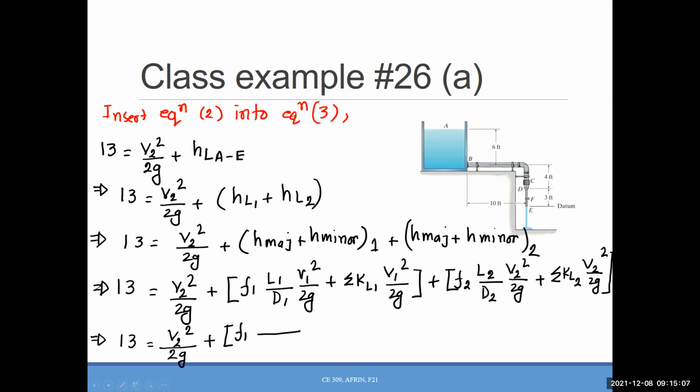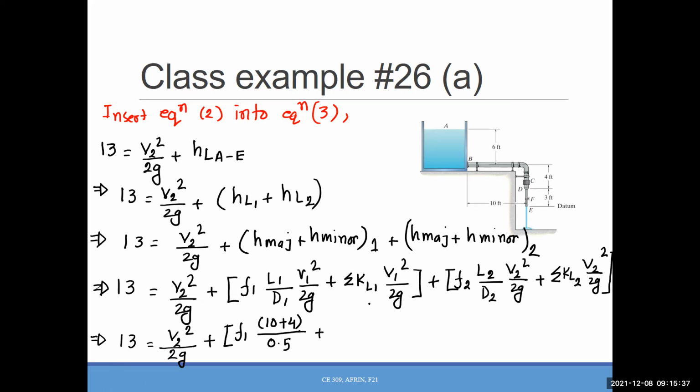What is the L1? Look carefully, 10 plus 4, yes. And we know the diameter, which was 6 inches, that means 0.5. Okay. And since I have V1 square over 2g for both of these terms, I will keep the V1 square over 2g outside of the parentheses, okay?